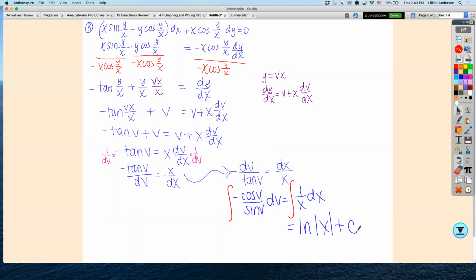But over here, you're thinking derivatives. You can do u-substitution, right? Because what's the derivative of sine? Sorry, it's cosine. So then this just turns into negative 1 over u du. So then this is just a negative ln of u, or negative ln of sine v.